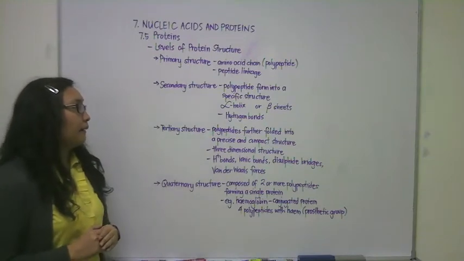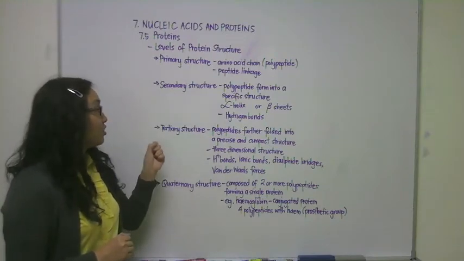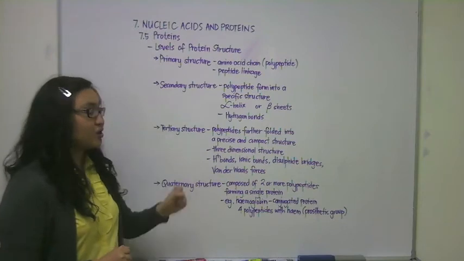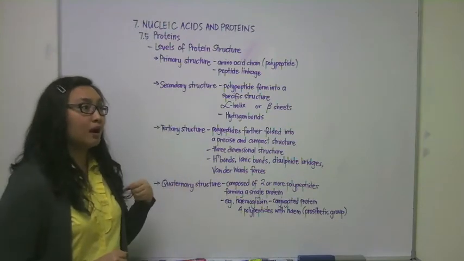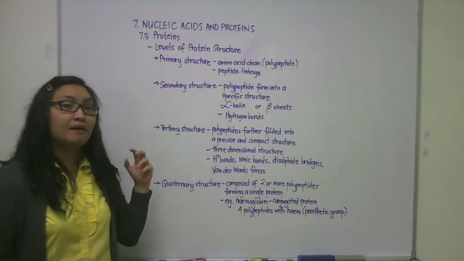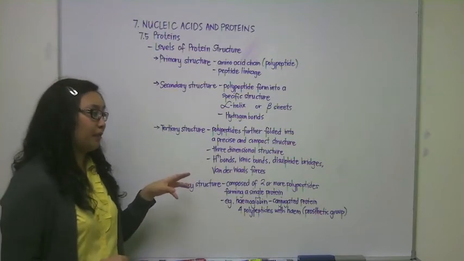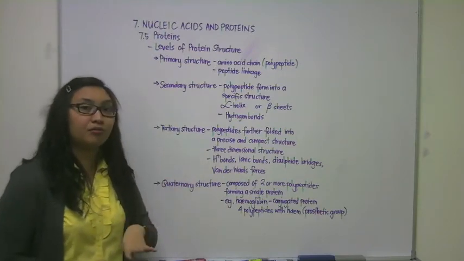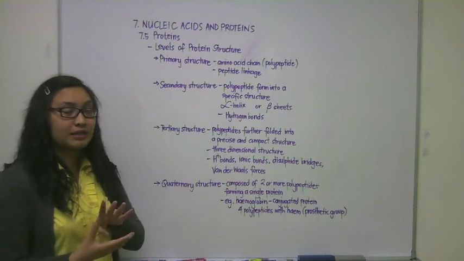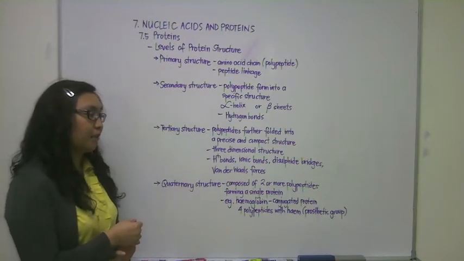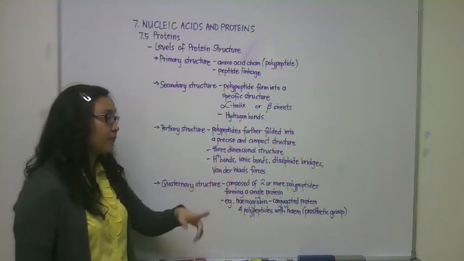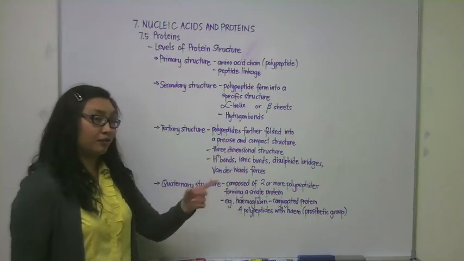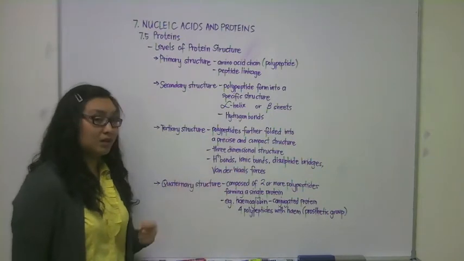Comparing the tertiary structure with the secondary, tertiary structure has more chemical bonding formed within the polypeptides. It is capable of producing 4 different types of chemical bonds, namely hydrogen bonds, ionic bonds, disulfide bridges, and van der Waals forces.